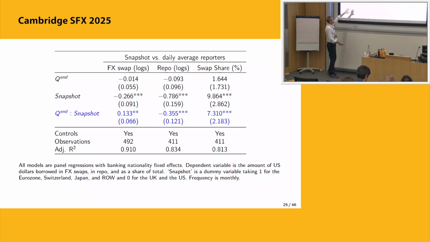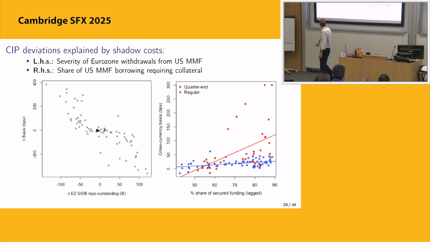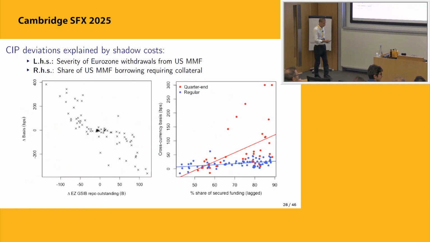And you find that the treated banks, remember, Eurozone, Japan, Switzerland, all subject to the reporting regime, increase the FX swap volume by 30% compared to the control group, US and UK, and decrease the repo funding by 35%, okay?